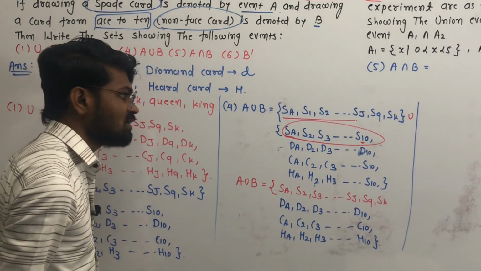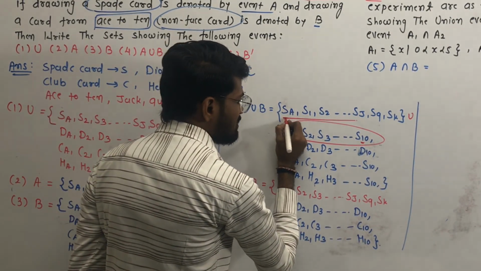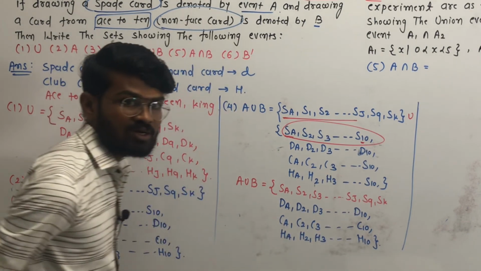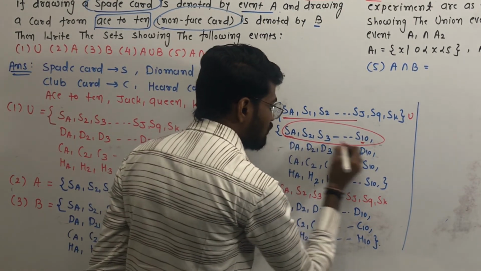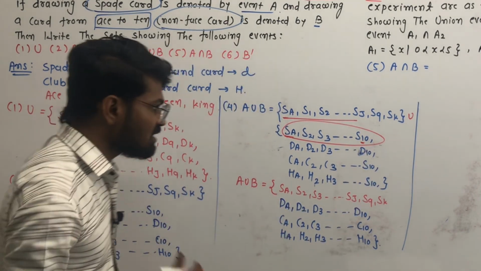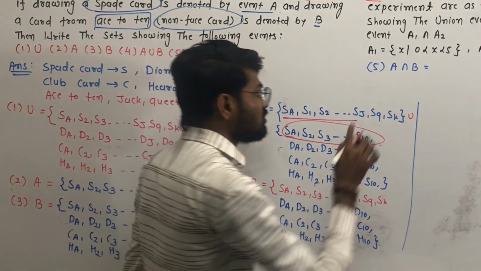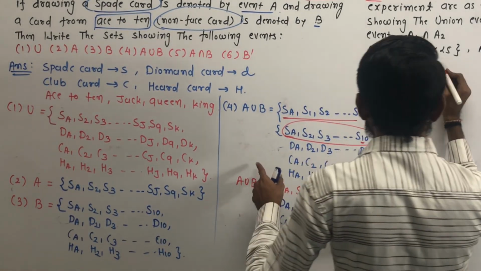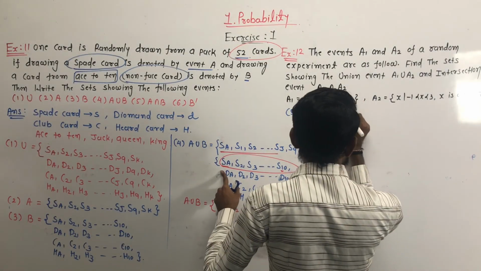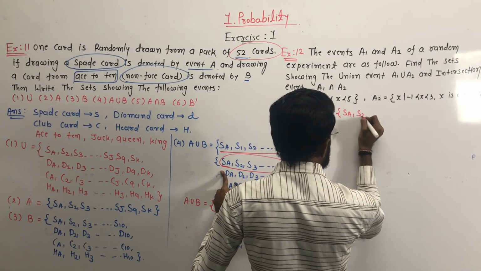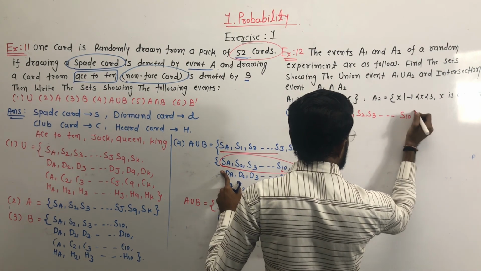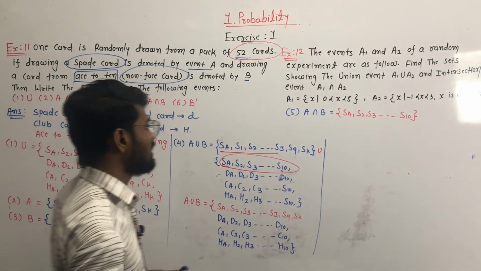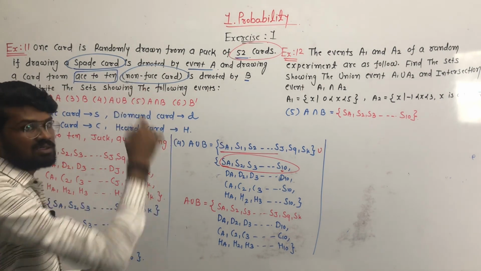Yes, we can see that in event A, SA to S10 elements will be available, and also in event B. So our intersection of event A and B is SA, S2, S3, so on, S10. Clear?